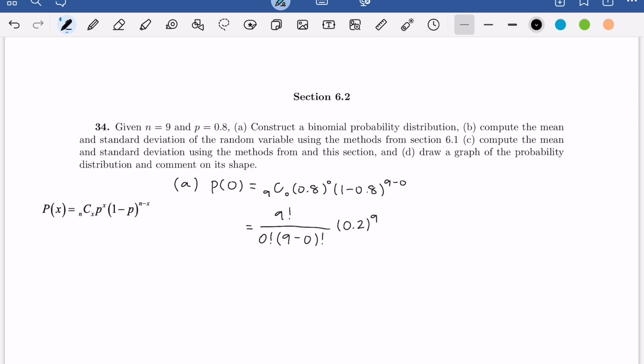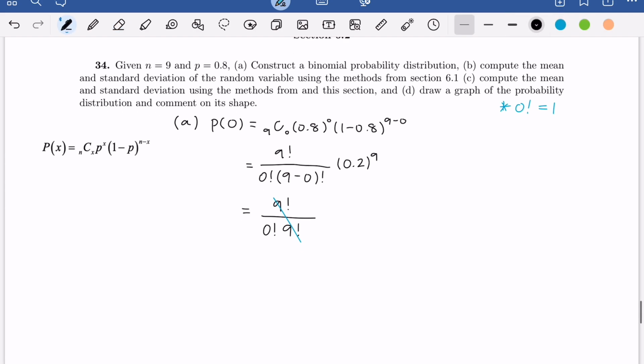Now from here, something that we need to note is that 0 factorial is equal to 1. So in this case, we have 9 factorial in the numerator, 0 factorial in the denominator times 9 factorial. These are going to cancel out, and we're just left with 1 over 0 factorial, which gives us 1. You can think of it like 9 choose 0 equals 1 because there's only one way to have 0 successes out of the 9 independent trials.